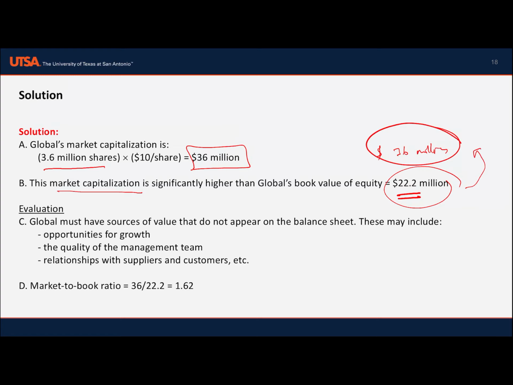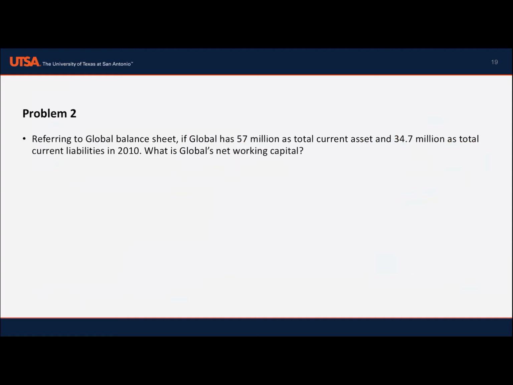This is the value of the company which is not reflected in the balance sheet. How can we calculate the market-to-book ratio? It's easy: market value divided by book value. Market value is 36 million and book value is 22.2, which gives 1.62.